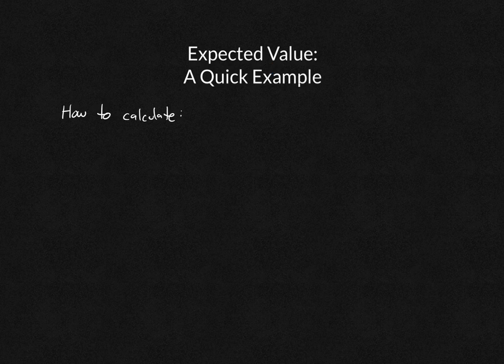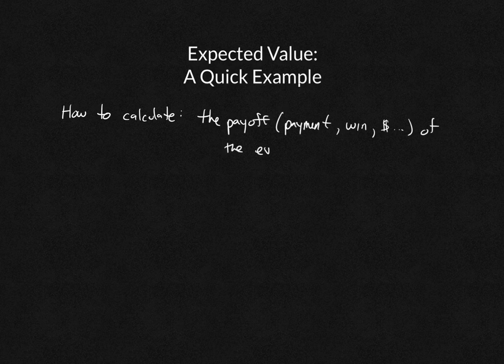What I need you to really know about calculating expected value is it's always going to be the payoff. Sometimes you think of payoff as the payment, the win, the dollar amount, whatever it is. There's some sort of payoff of the event occurring. Let me give you an example here.